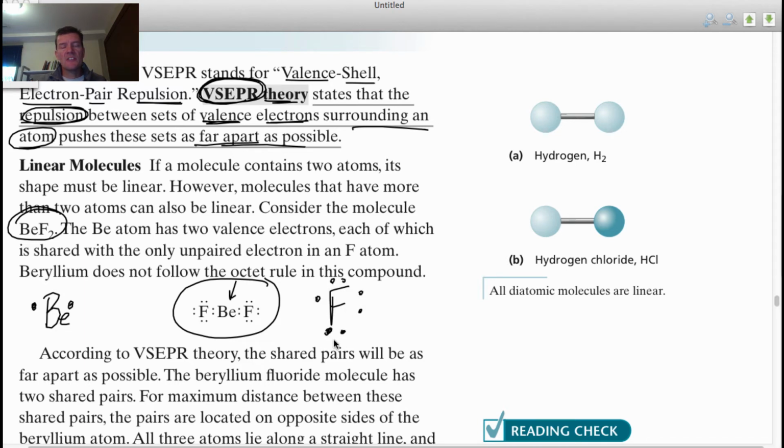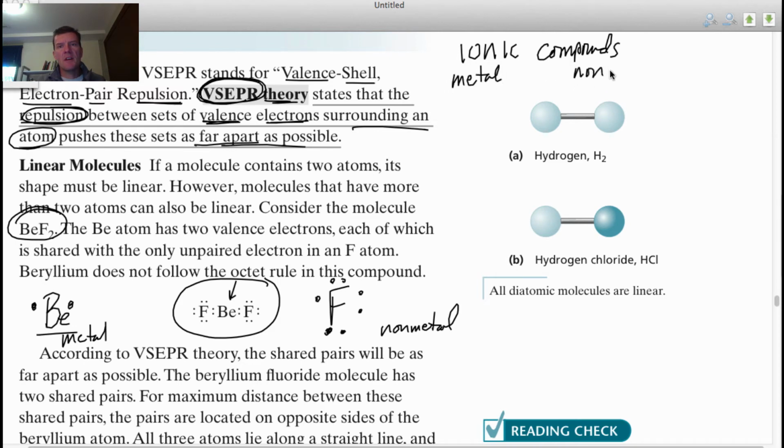If beryllium and fluorine want to combine together, this is a metal, this is a nonmetal. By the way, ionic compounds are always between a metal and a nonmetal.